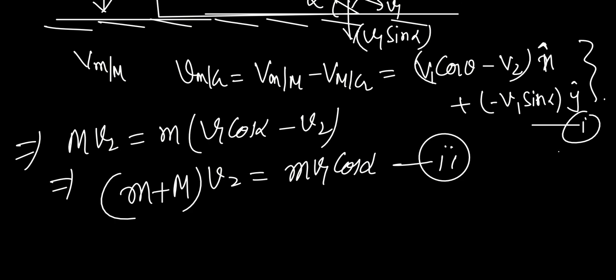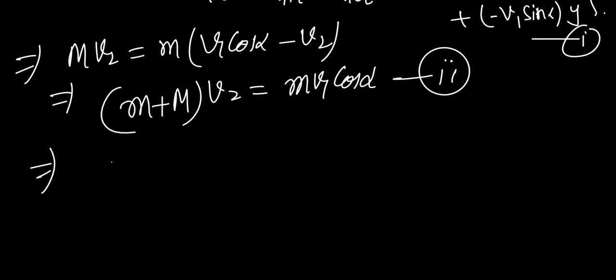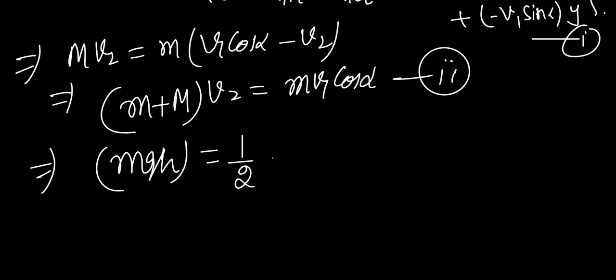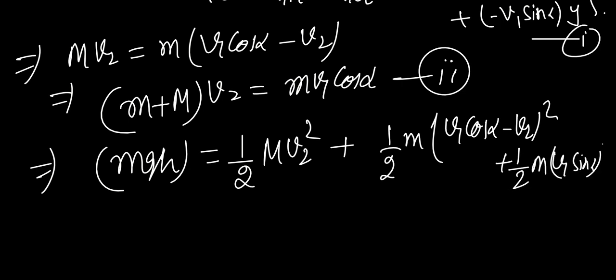Now the small block was kept at a height of h, so we can use energy conservation also, that is, the total potential energy is equal to the kinetic energy: half M v2 square plus half m into (v1 cos alpha minus v2) whole square plus half m (v1 sin alpha) whole square.